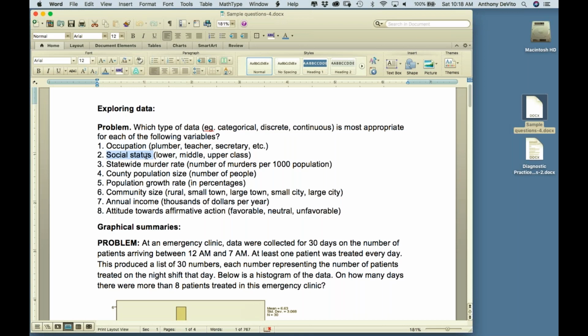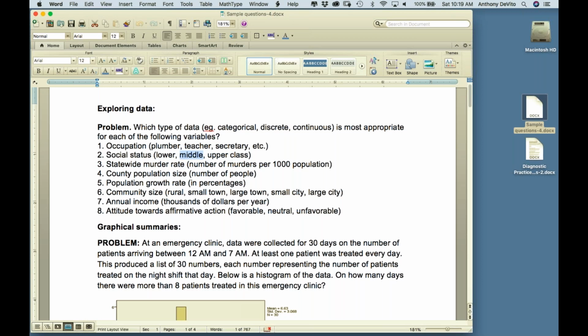Social status. Well, social status, lower, middle, upper class, that's also a categorical variable, but it's a special kind of categorical variable. It's an ordinal variable. Give that a special name, ordinal, because even though the status has names, lower, middle, upper class, it's not well defined what upper, middle, and lower classes are. For instance, if we talked about middle class these days, I'm not sure anybody really knows what they're talking about anymore.